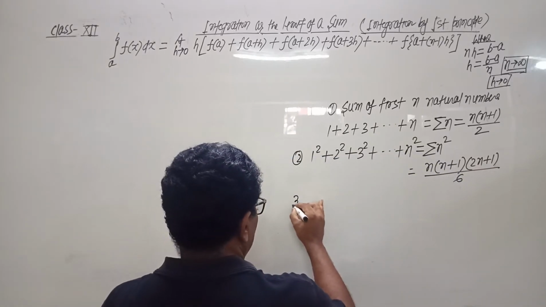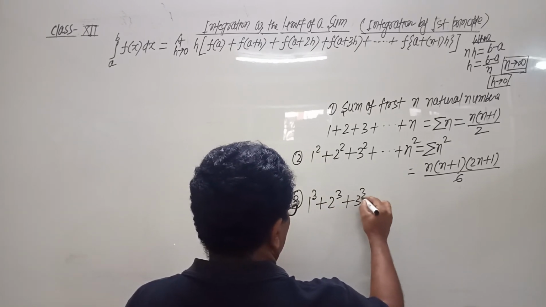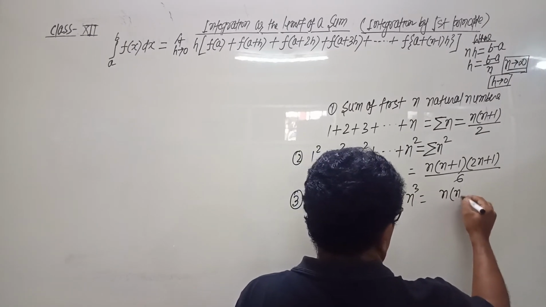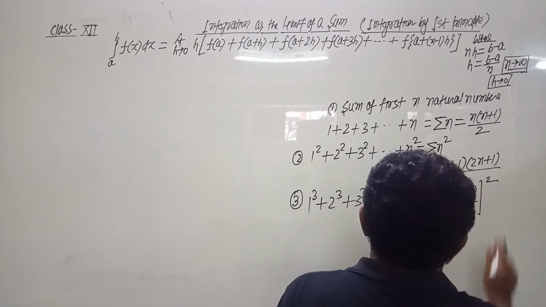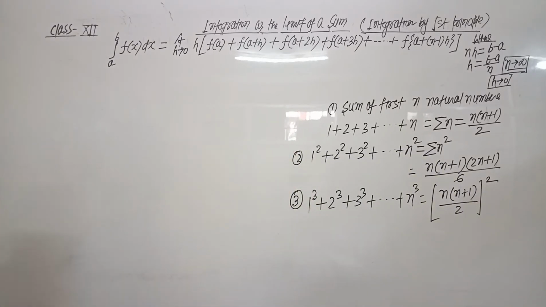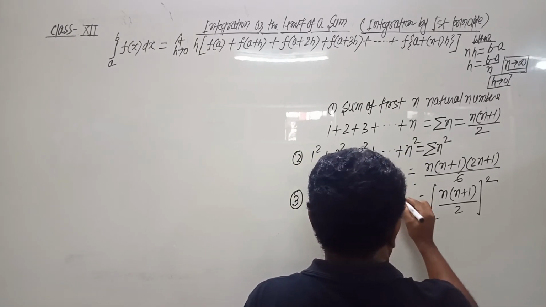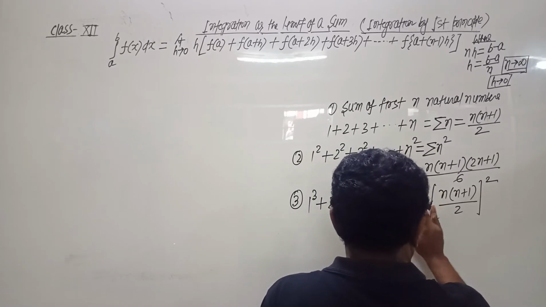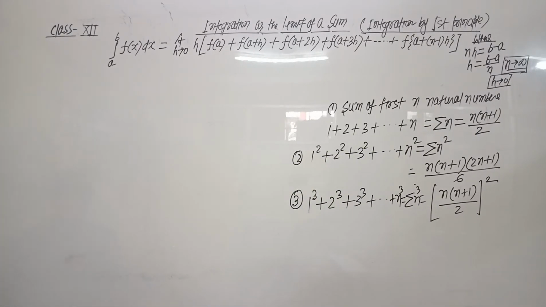Then the sum of the cubes of n natural numbers: 1 cube plus 2 cube plus 3 cube plus ... n cube, which is sigma n cube, equals [n into (n plus 1) by 2] the whole square. So these are the formulas which we use.